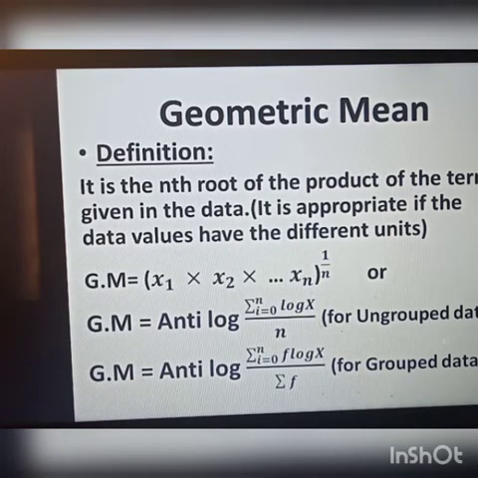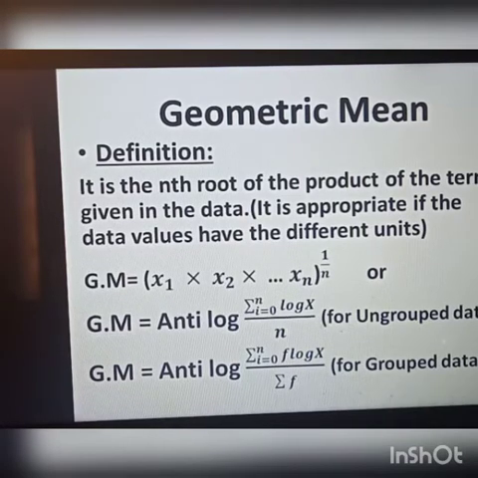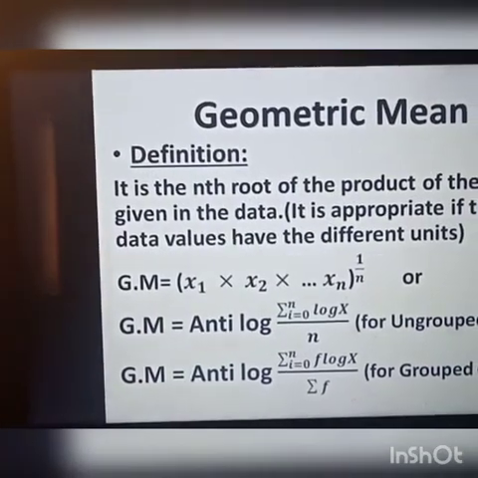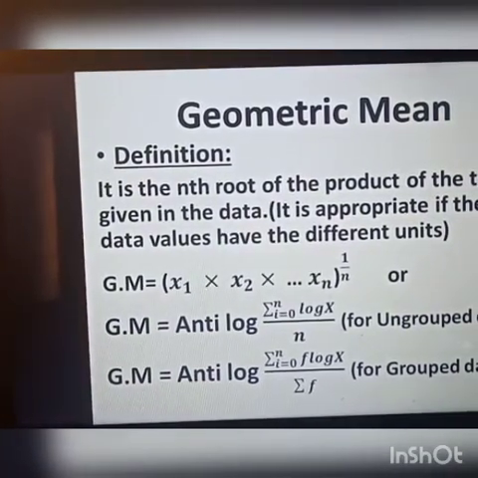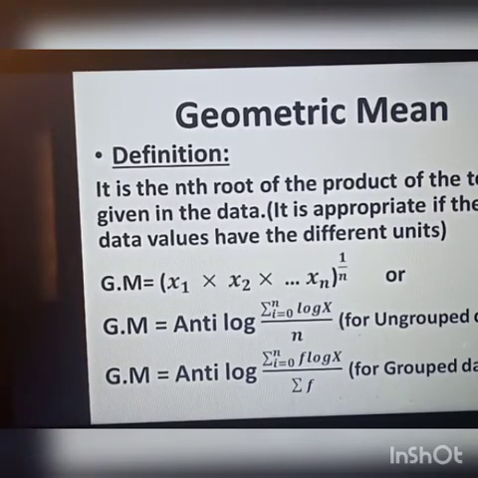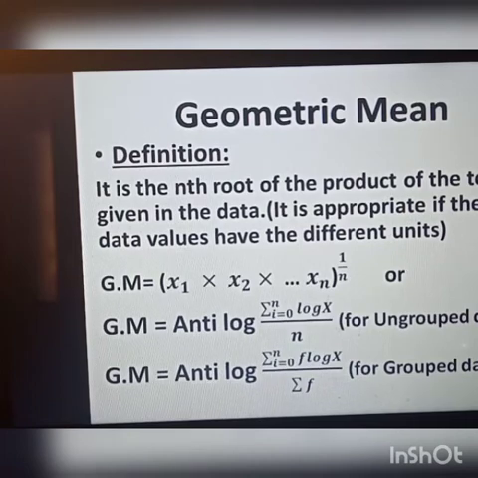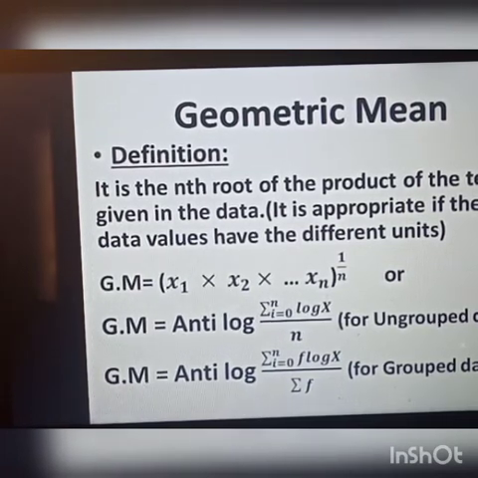If the data values are given and you are to calculate geometric mean, this is the formula. You can see here GM is equal to x1 into x2 up to xn, then the whole power 1 by n. x1 x2 up to xn shows the product of all the given data values, and its 1 by nth power will be taken.